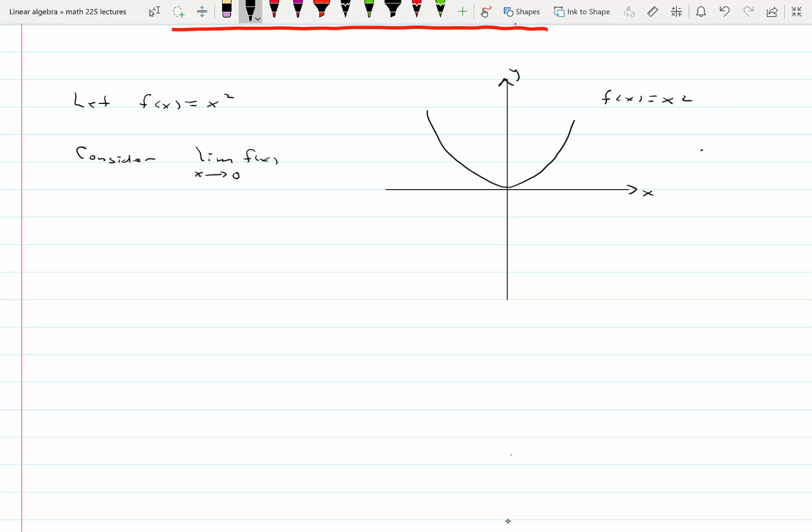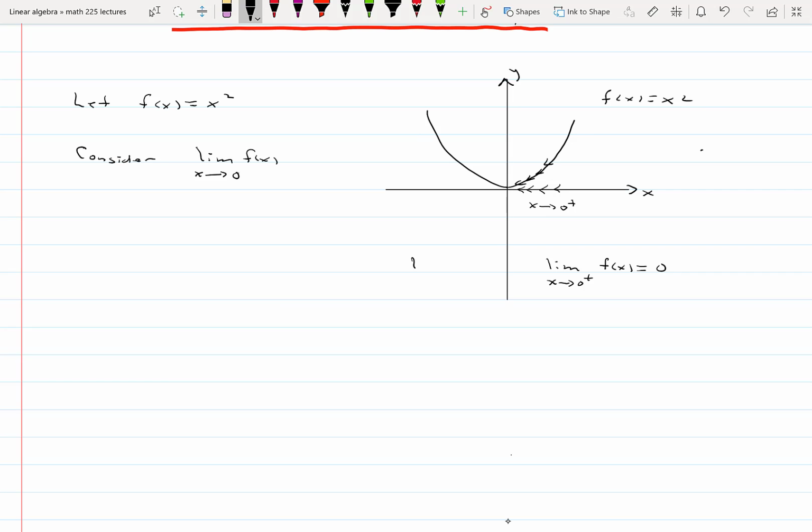And we can see that as x approaches 0, let's say from the right-hand side, I'm indicating that with little arrows, the y values seem to be approaching 0. So the limit as x approaches 0 from the right-hand side, and we use a little plus in the exponent position to indicate that, the function approaches 0. The y values tend to 0.